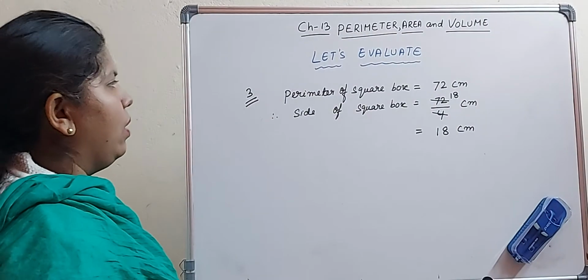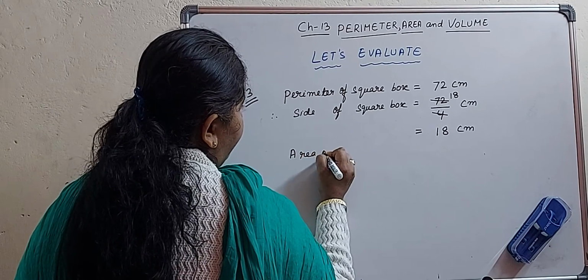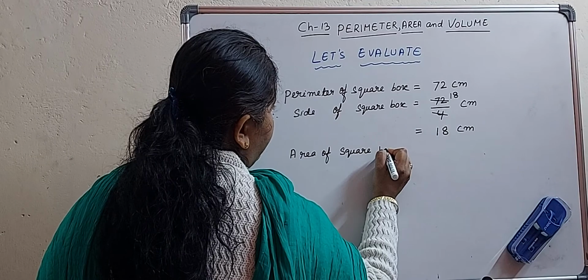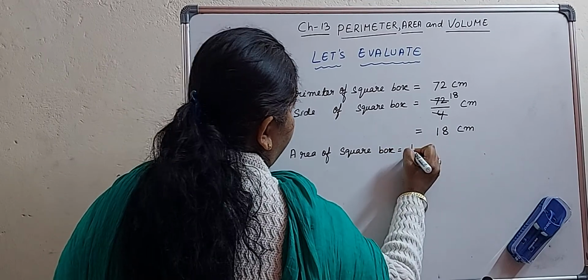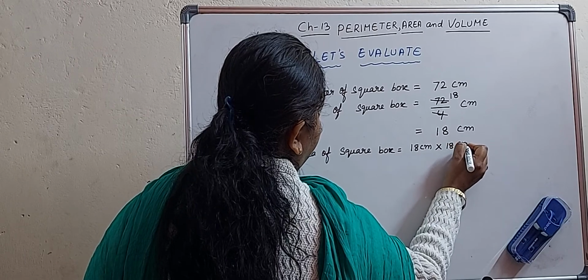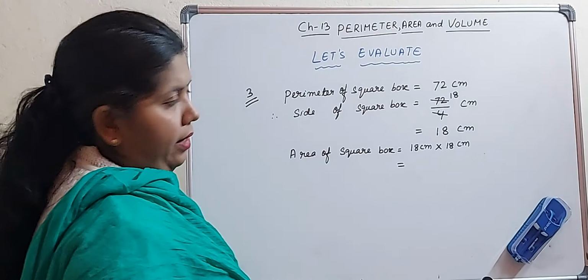Now, we have to take out area of the square box. So, area of square box equal to 18 centimeter into 18 centimeter, because side into side will give you the area.